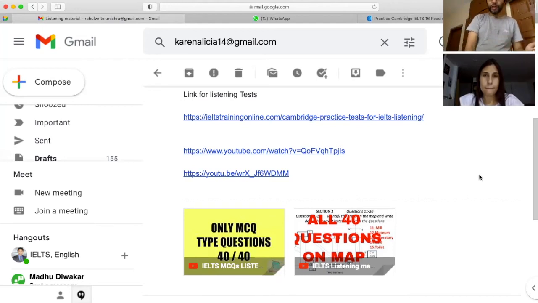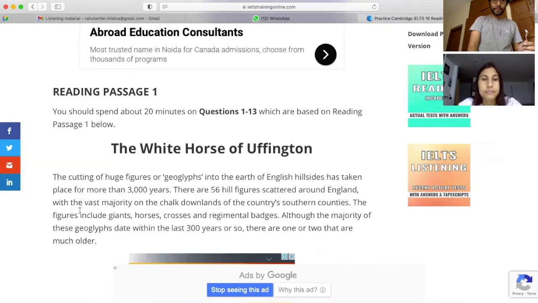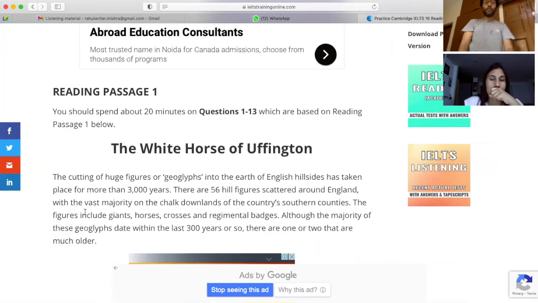Okay, so reading. This is the White Horse of Uffington. Just give me a minute. So, cutting huge figures, these are also known as geoglyphs.